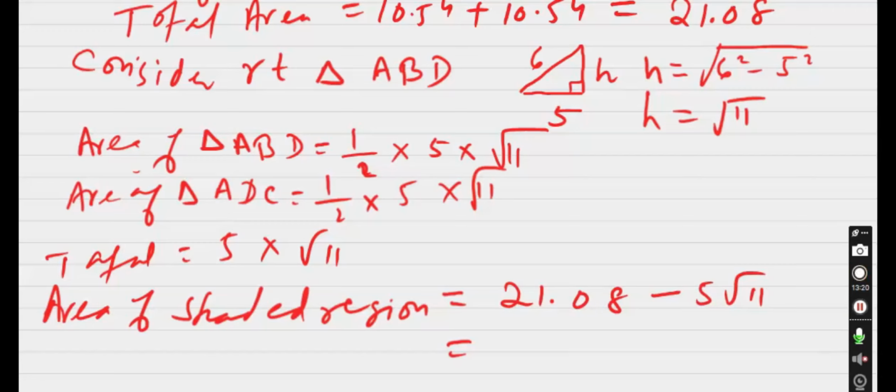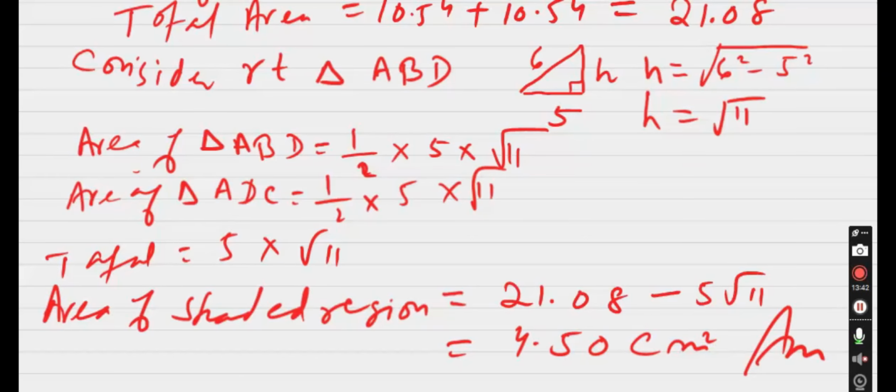So I am using my calculator. 21.08 minus 5 root 11. The answer is 4.50 centimeter square. So this is the final answer of part 3.